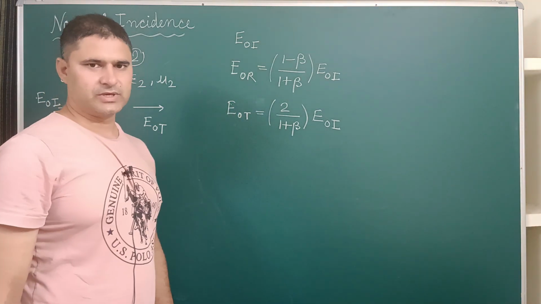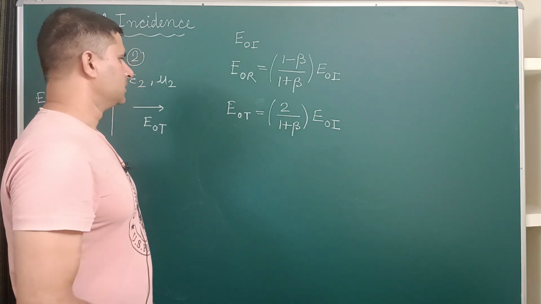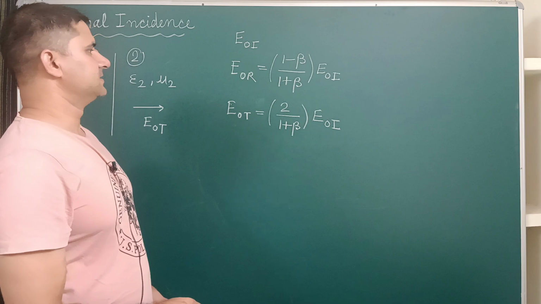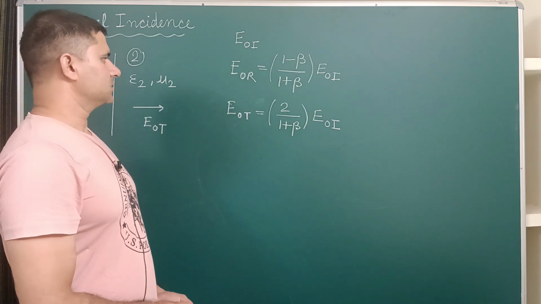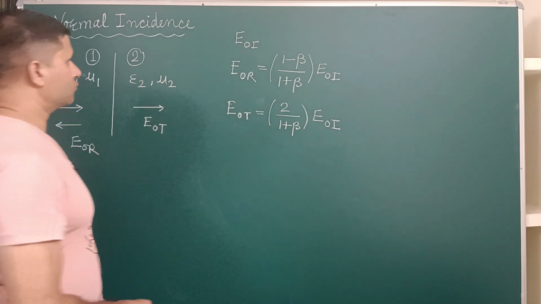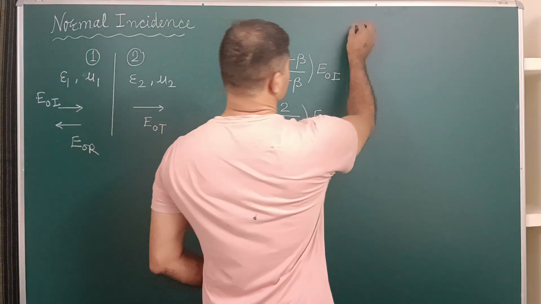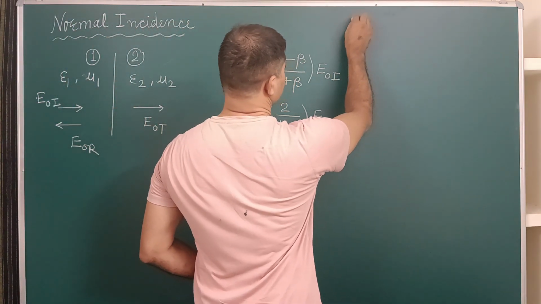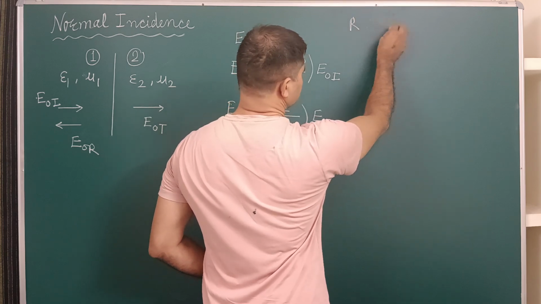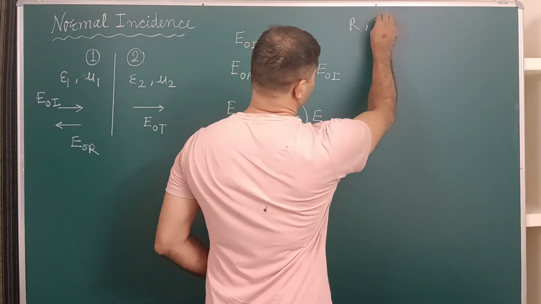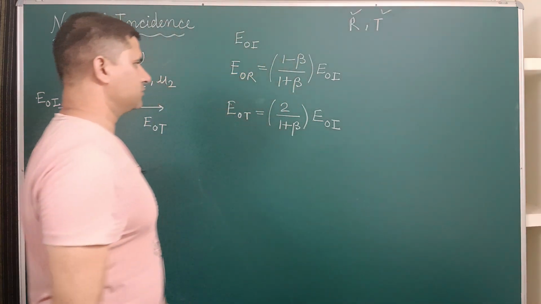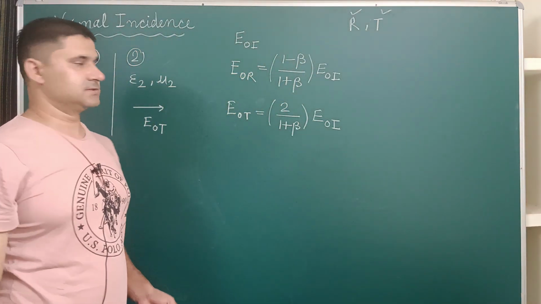So now we are to find the ratio of intensities, that will give you the coefficient of reflection and the coefficient of transmission. Okay, we have to find these. For that we will find the intensities.